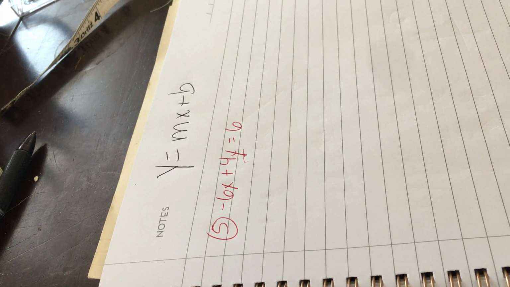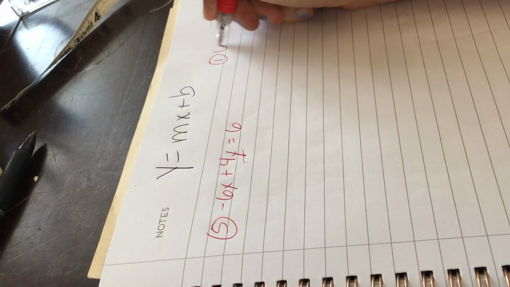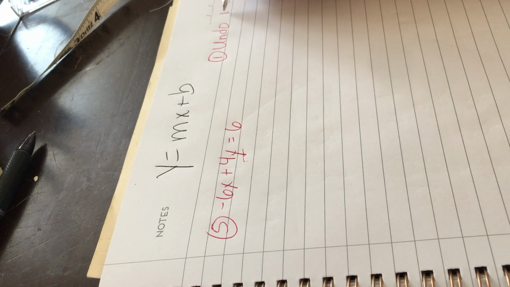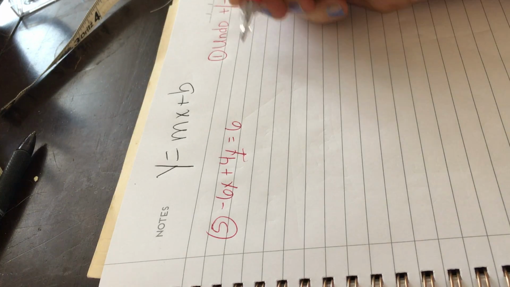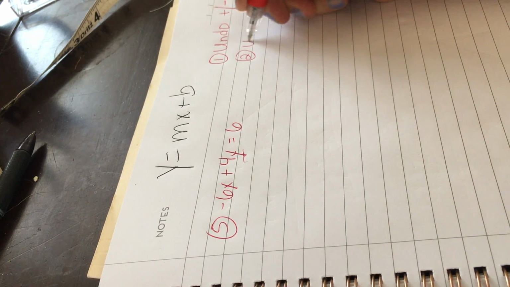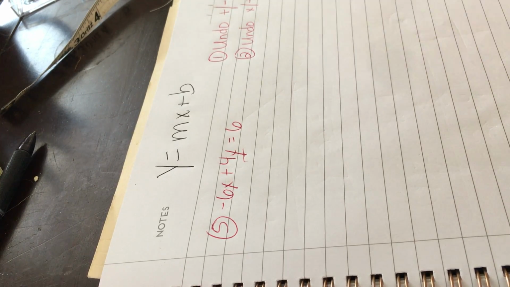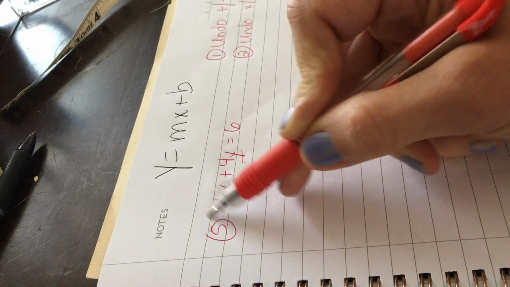So, rules of isolating variables. We talked about this when we were actually in school. We undo addition or subtraction first. Second, we undo multiplication and division last. So in this particular problem, I have to move negative 6x.